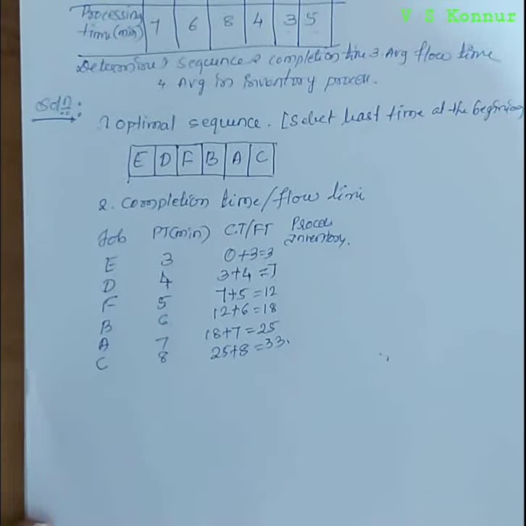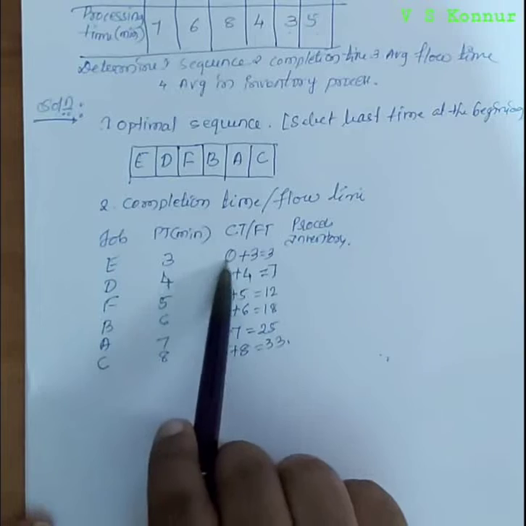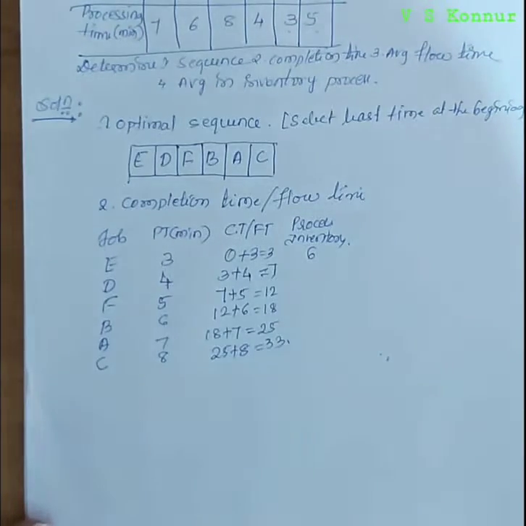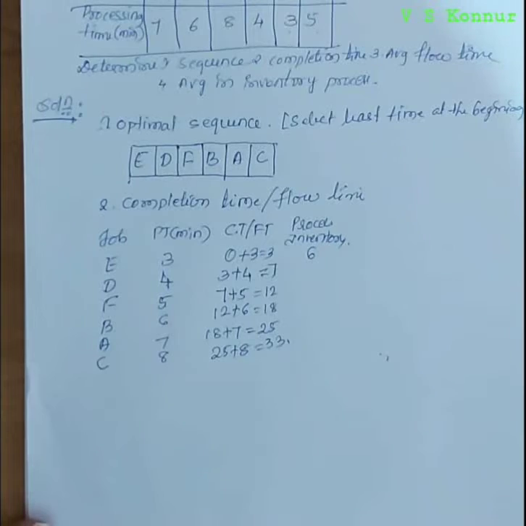So this is called flow time or completion time. Now we will go for process inventory. Process inventory is calculated depending upon when it is entering at the 0th position, there are 6 jobs left out.